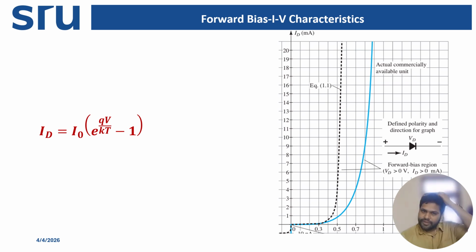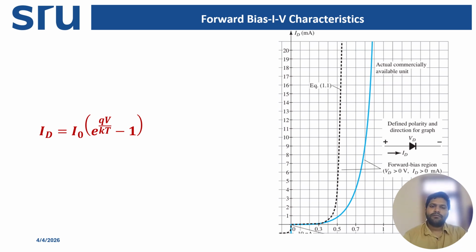Initially, when we apply a small voltage, very little current flows. The current is almost negligible. This is because the applied voltage is not sufficient to overcome the built-in potential. This region is sometimes called the cut-in region.